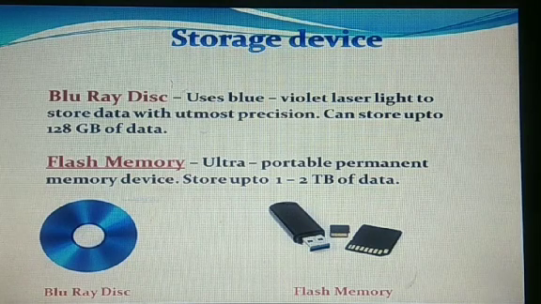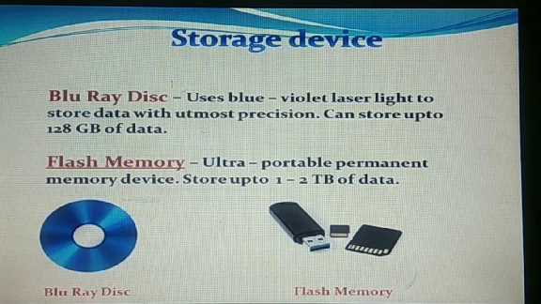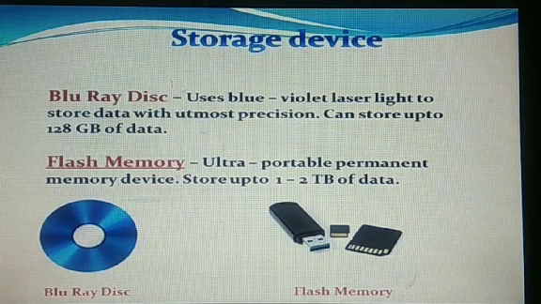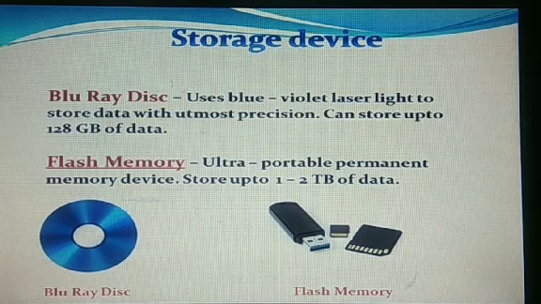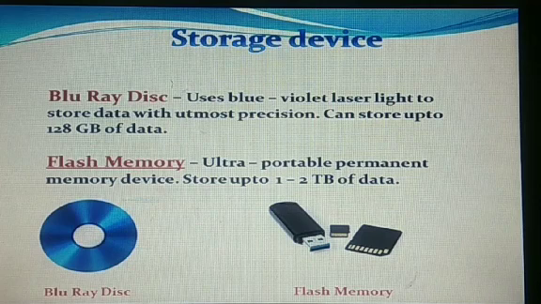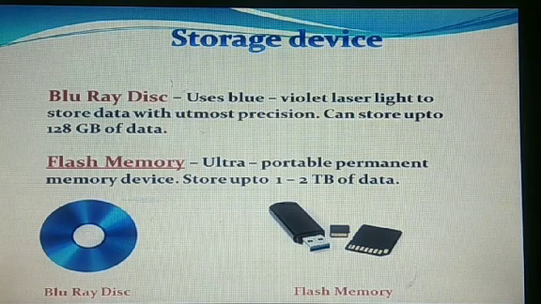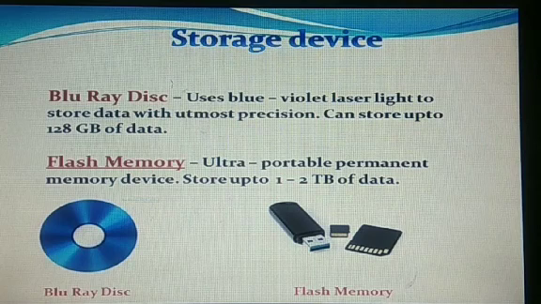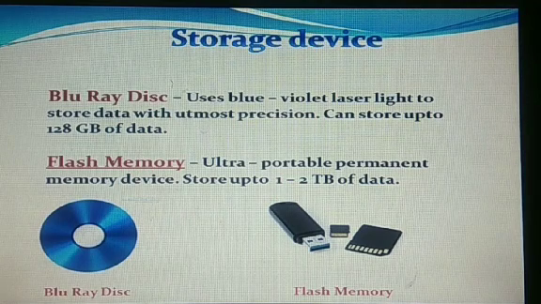So the data is written more precisely onto a Blu-ray disc, and thus it can store a very large amount of data. You can store up to 128 GB of data onto a Blu-ray disc. That means many games or many movies can come on a single Blu-ray disc.